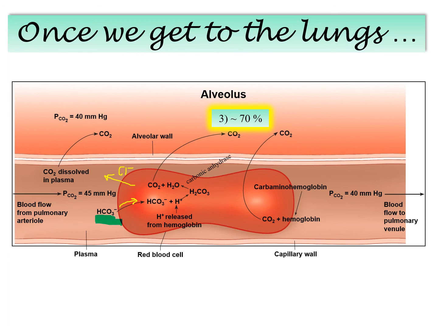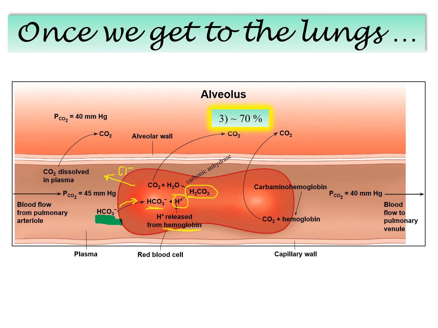Once inside the red blood cell, the bicarbonate is going to then combine with hydrogen ions. Now remember, those were being stored here in the hemoglobin, so that they get pulled off of the hemoglobin. They combine with the bicarbonate, and notice what's made here. This is carbonic acid that we formed a little bit earlier, back in the tissues.